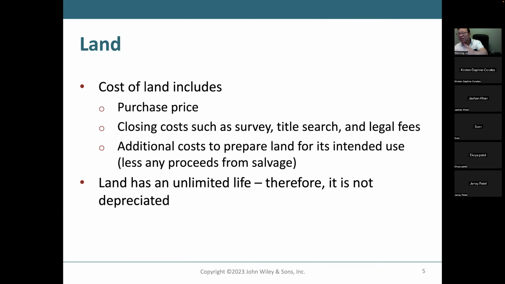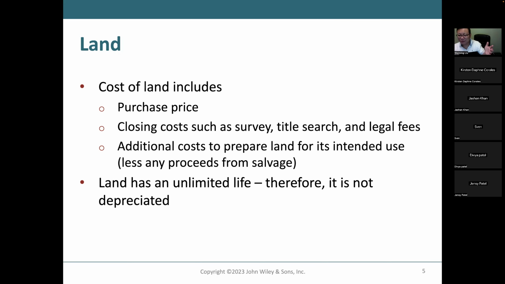So there are the legal fees, and you also need to do the survey or the title search, just to make sure that nobody else claims a title on the same piece of land, right? Because you don't want to get into legal problems. You buy the land and then realize that another person also claims ownership of it.